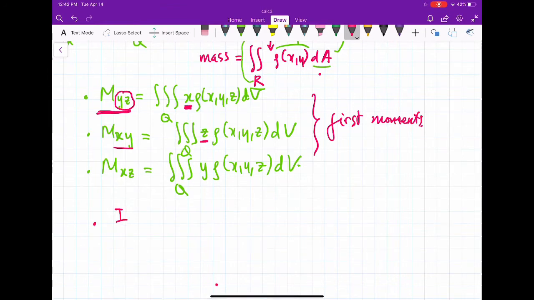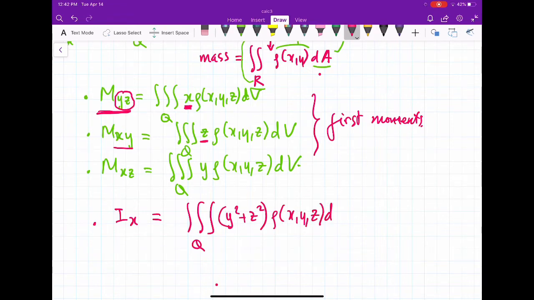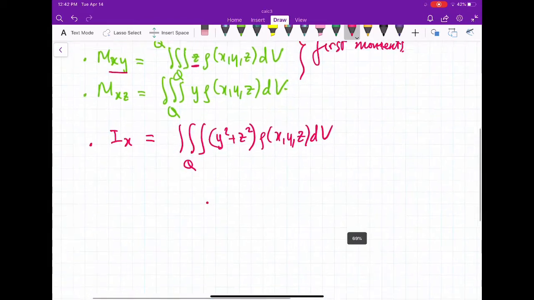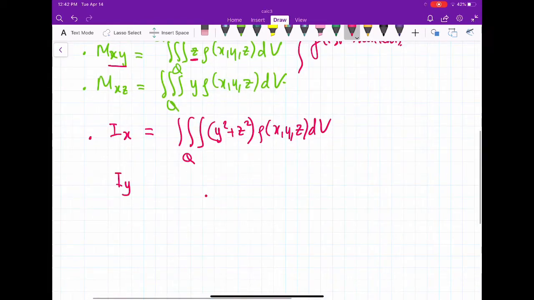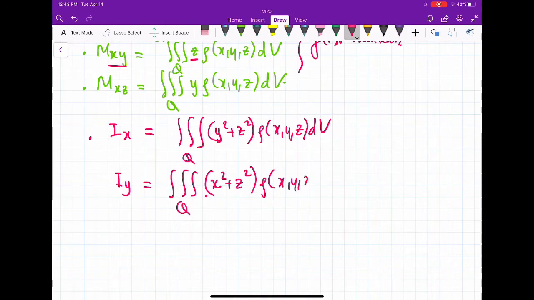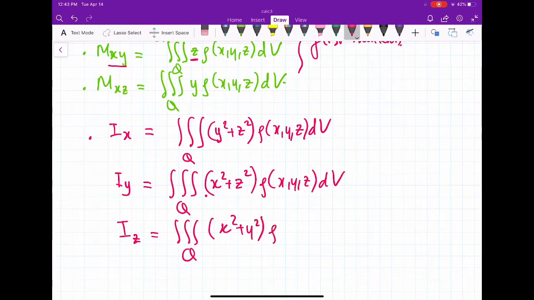So you have I_x equal to the triple integral over Q of (y squared plus z squared) rho(x, y, z) dV, and I_y equal to the triple integral over Q of (x squared plus z squared) rho(x, y, z) dV, and I_z, that is the triple integral of (x squared plus y squared) times rho(x, y, z) dV.